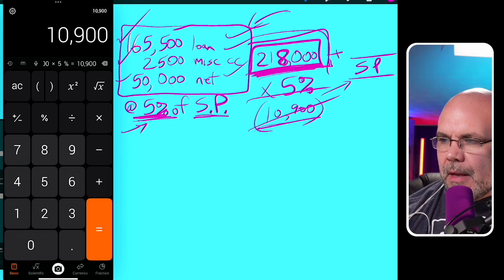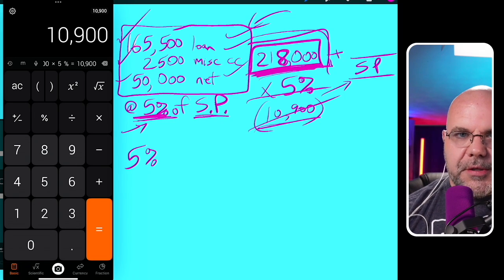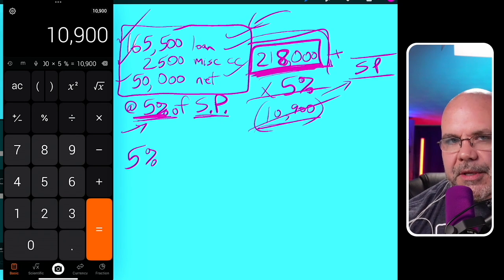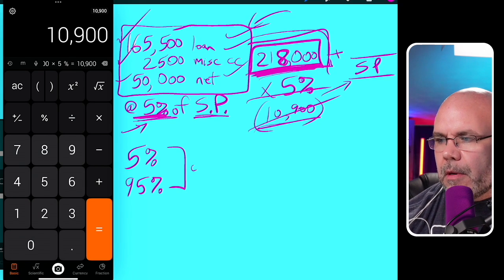How do we do it? 5% is your part of this transaction. You, the agent, are getting 5%. And how much is the seller getting? Seller is getting 95%. Of what? Of the sales price.